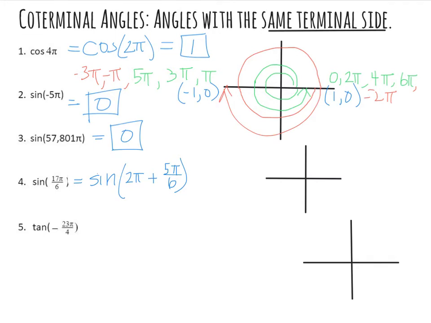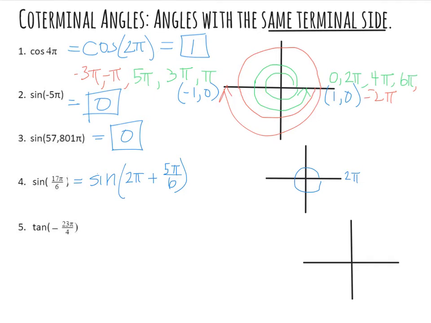When I look at my axes, 2 pi just gets me one full revolution back to the positive x-axis. So now I just need to see where 5 pi over 6 falls after that. So 5 pi over 6, that's a little less than 1 pi.